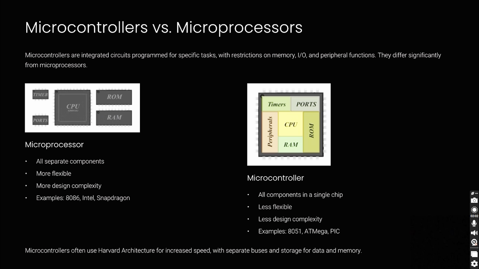Unlike microprocessors, microcontrollers like PIC16F877A integrate CPU, memory, input-output ports, and timers all in one chip. It uses the Harvard architecture, which separates instruction and data memory to allow simultaneous access, thus speeding up execution.